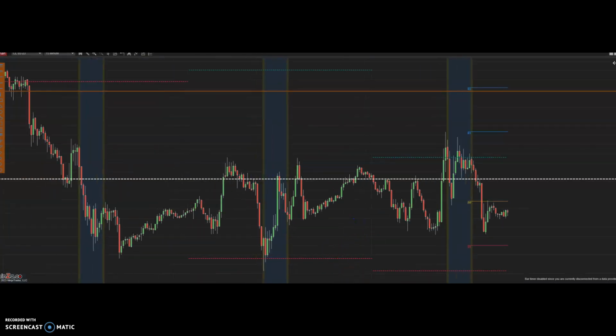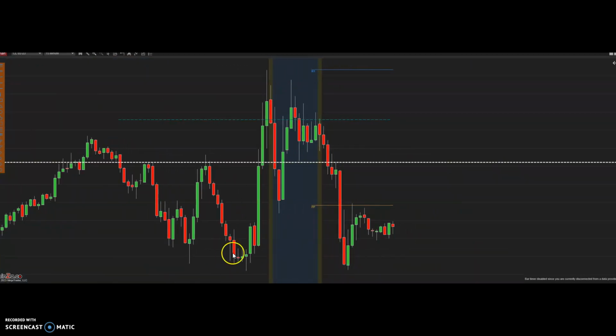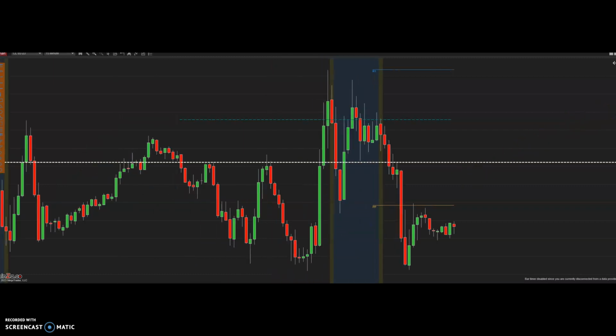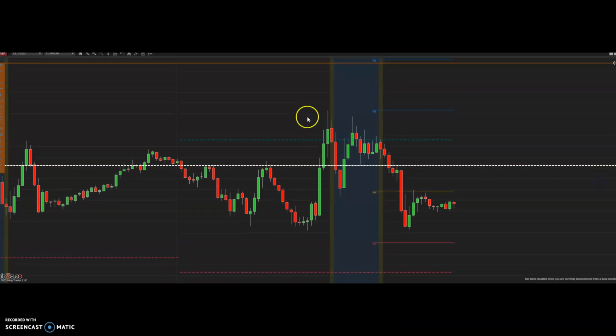All right, so you guys know that I have a special zone, the U.S. session that I trade between 9:30 and 12 o'clock. Within that time frame, I'm looking for price action to do an impulse correction, and that pullback to be in my golden ratio zone or above my golden ratio zone, right?